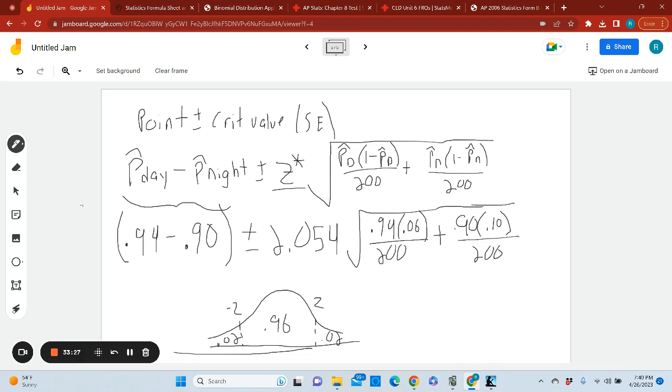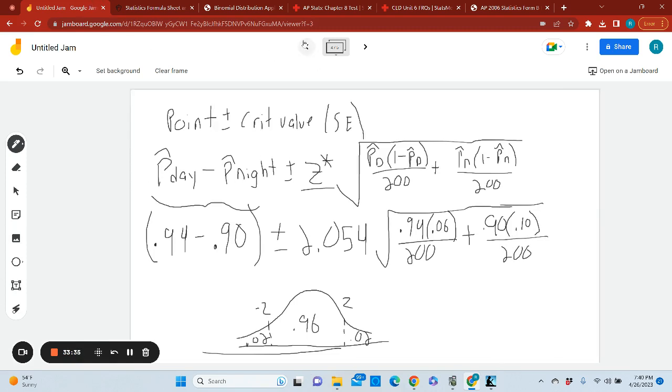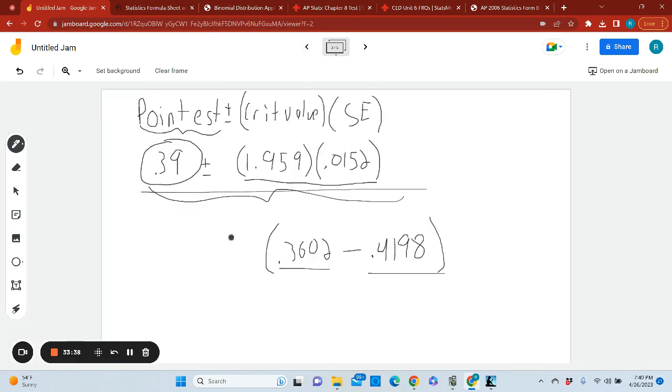You showed all the work. And now this one you could definitely do in the calculator because they gave us counts. We calculated p hat on our own. The reason I didn't use the calculator to generate the interval over here is because 39% of 1,026 people gave me a decimal.